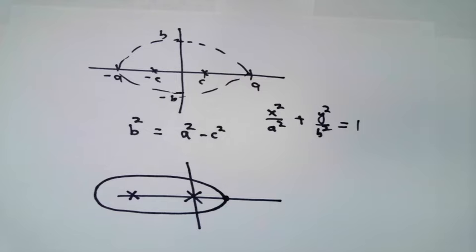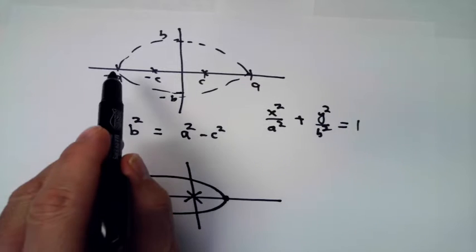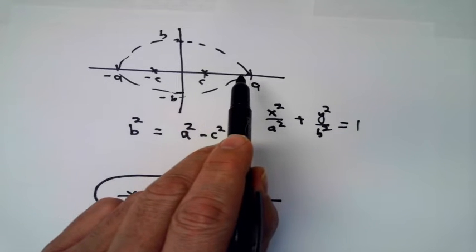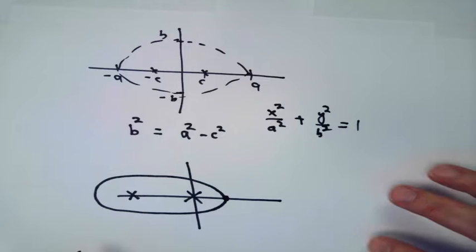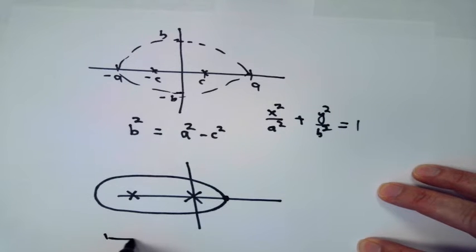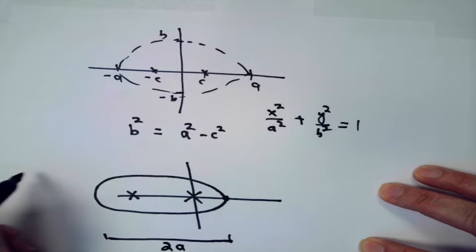Even though I've moved the ellipse, in the original version, the smallest x-coordinate was negative a, the largest was positive a, the length of the major axis is 2 times a, so this distance is still going to be 2 times a.